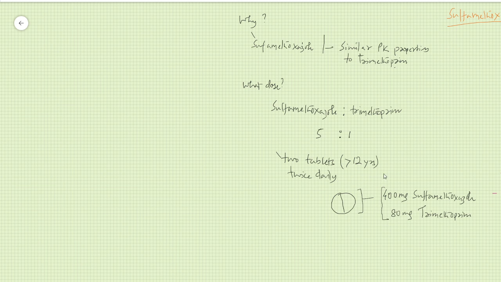So this is the regimen basically. If we look at this ratio, 400 by 80 is 5. So 5:1. This is the regimen at which it is given.